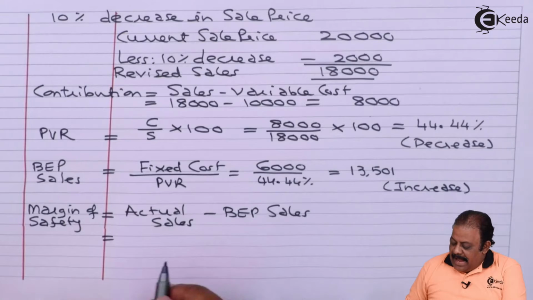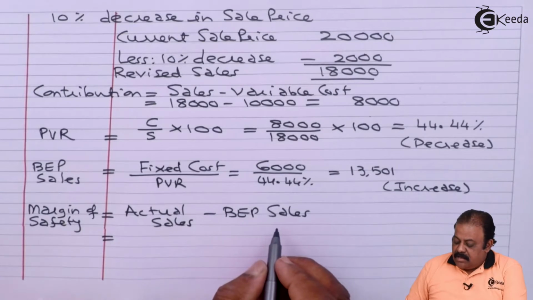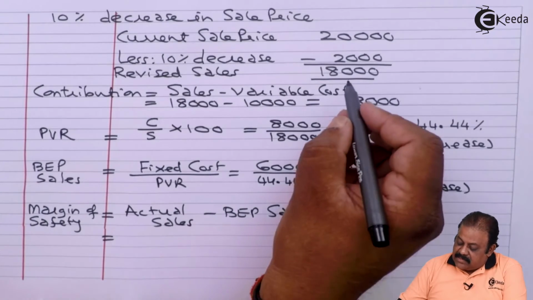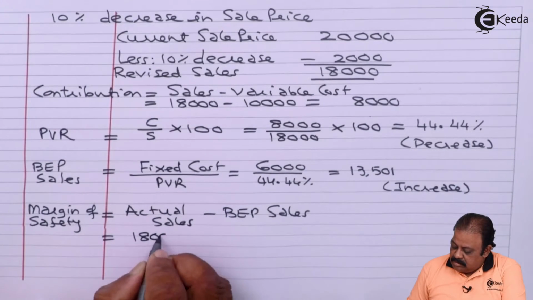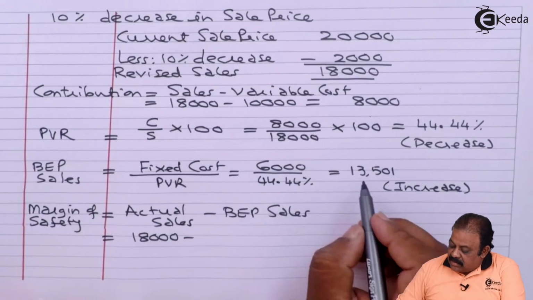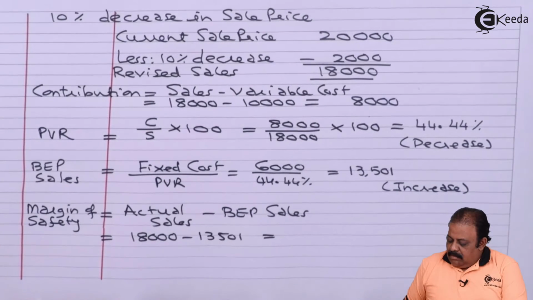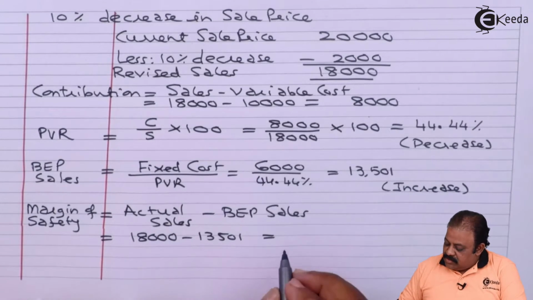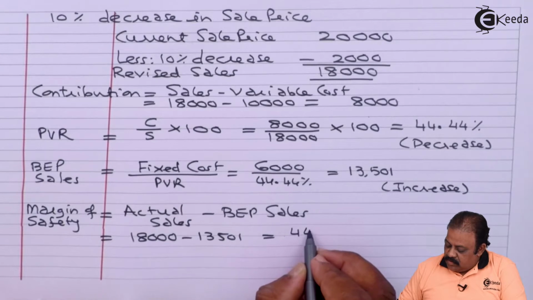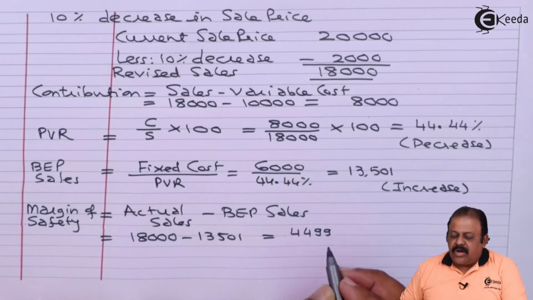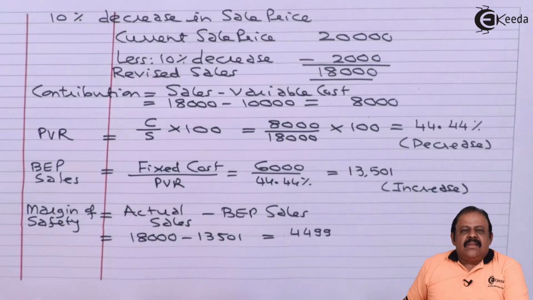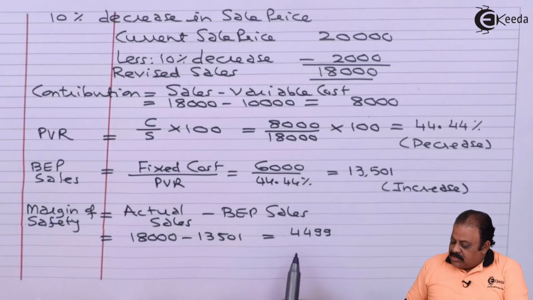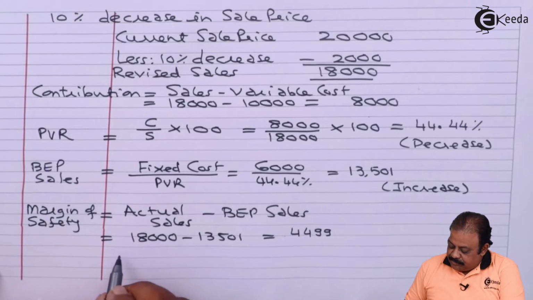Margin of safety, actual sales minus break-even point sales. Actual sales here is revised 18,000. Break-even point sales 13,501. Margin of safety, 18,000 minus 13,501, that is 4,499. Original margin of safety was around 8,000. So here margin of safety has decreased.